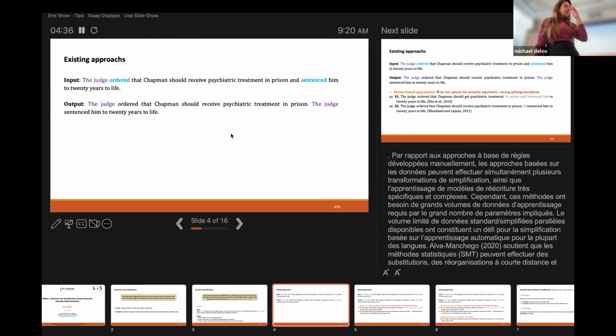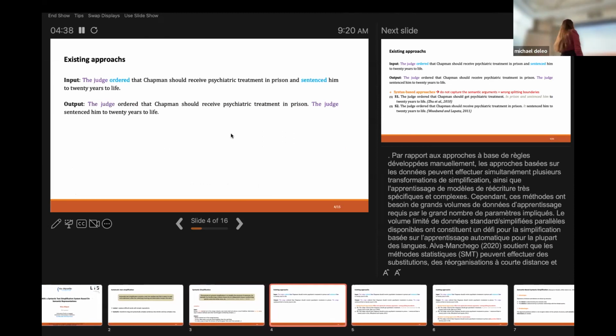So different approaches exist in automatic text simplification. If we take this sentence as input, we have a long sentence with a coordination. We have a subject, two verbs, and a coordination.